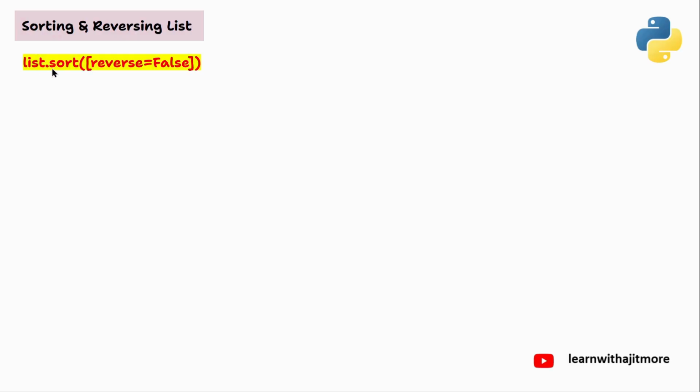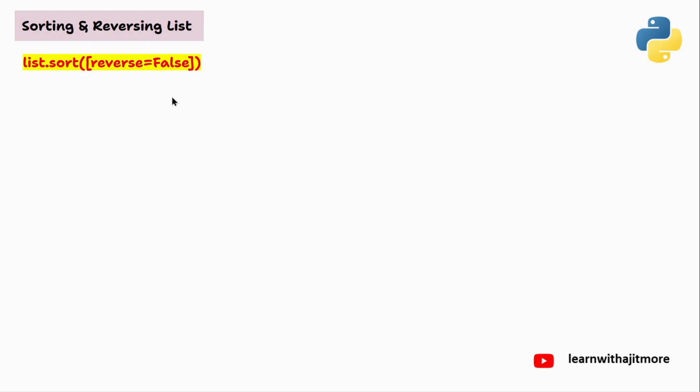ठीक है? See here, list.sort. This is the method, guys, and that was a built-in function. तो sorted built-in function क्या कर रहा था? In place sorting नहीं करता। It returns you a new sorted list. The original list remains as it is. Here, the original list itself is going to get sorted. So list.sort, if you don't pass anything, it is by default ascending.